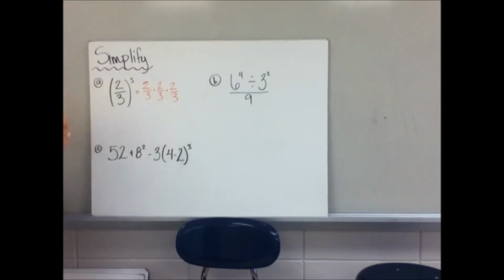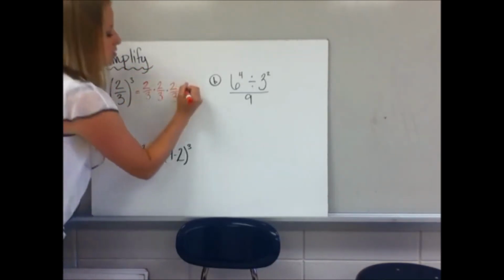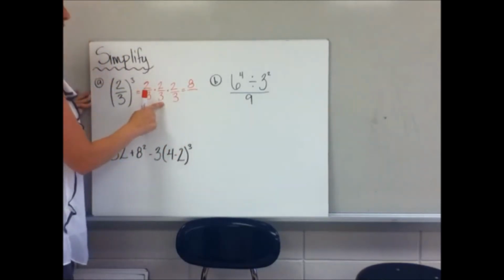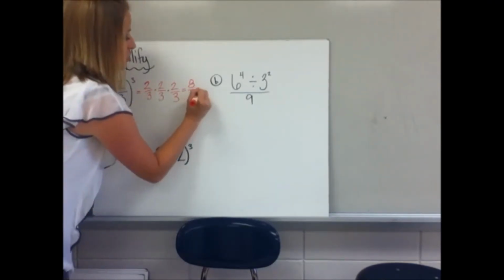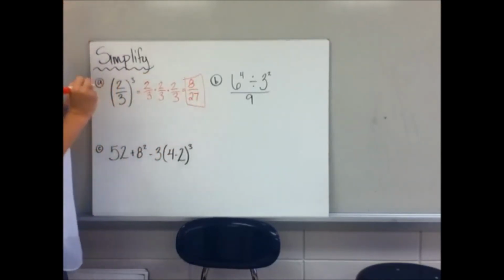I have 3 2/3s that are being multiplied together. In multiplying fractions, I go straight across. 2 times 2 is 4, times 2 is 8. 3 times 3 is 9. 9 times 3 is 27. Check to make sure it cannot be simplified, and it can't. So there's the simplified form.